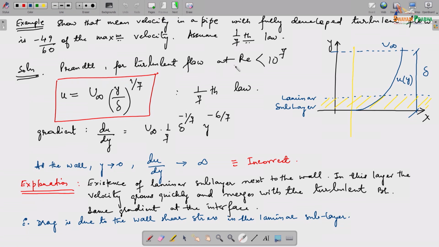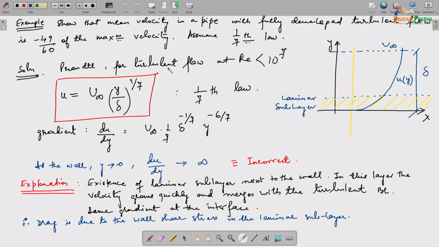for turbulent flow below 10 to the power 7, which seems to be our case. He defined something called a 1/7 law. So this is the velocity in a turbulent boundary layer. This is exactly what we were doing last class for this problem using a pipe.